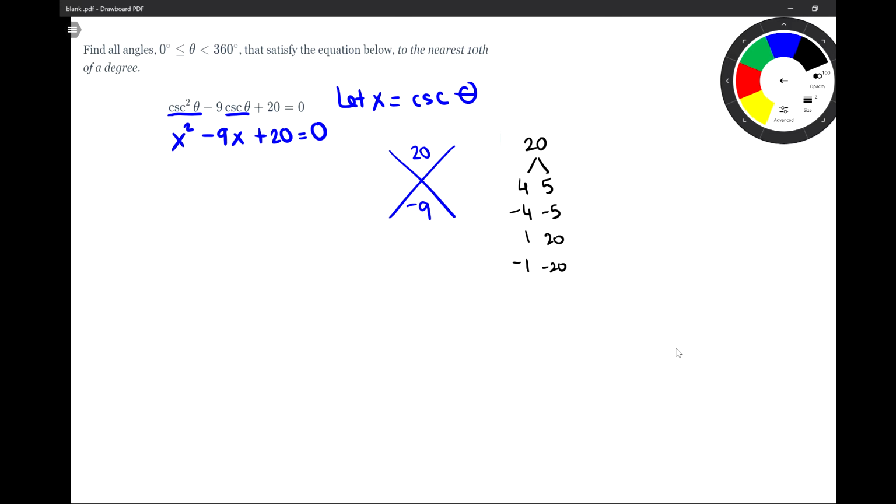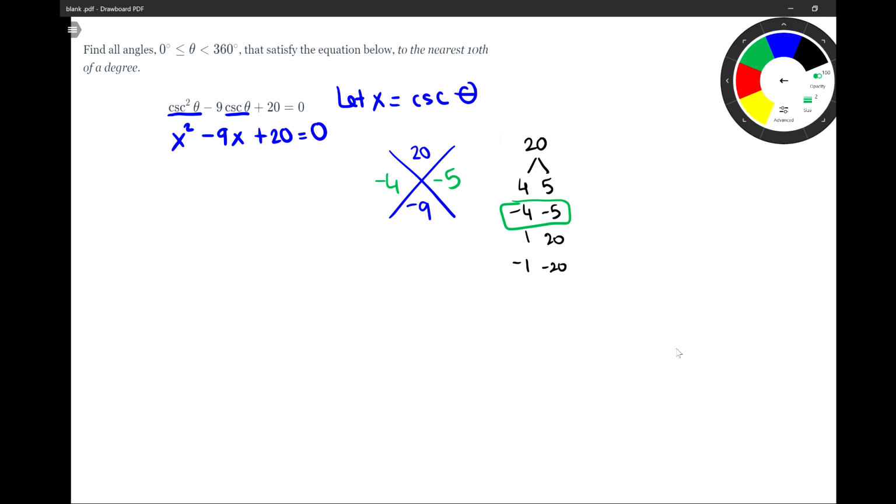And then I will look for the pair of factors that, when I add them up, gives me negative 9. The only pair that can do that is negative 4 and negative 5. So I have negative 4 here and negative 5 here. What can I do with negative 4 and negative 5?